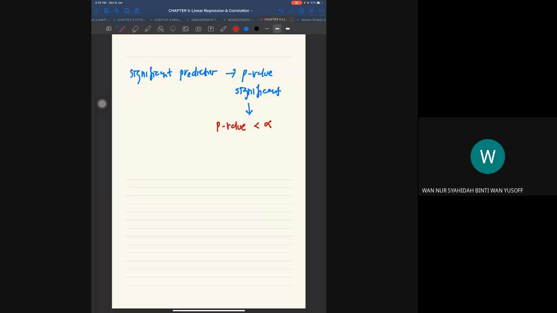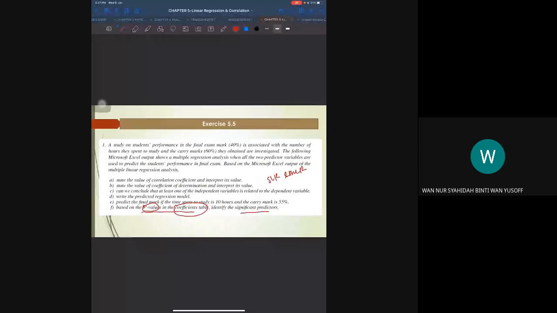In this question, it didn't mention what your alpha is, so we use the standard one, which is alpha 5%. Until we go to chapter 6, if the alpha is not mentioned, then we assume 5%, the standard one.